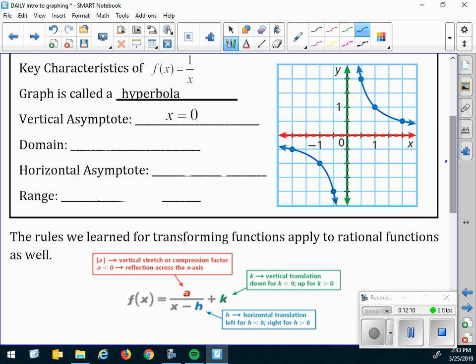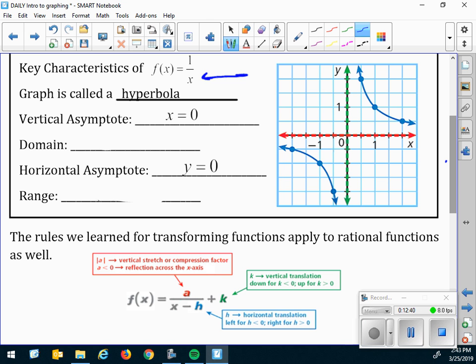Horizontal asymptote, y equals 0. That's talk, domain, and range. Now, let me ask you a question. Are there any x values that I cannot put in there? Yes, 0. I can't use 0.